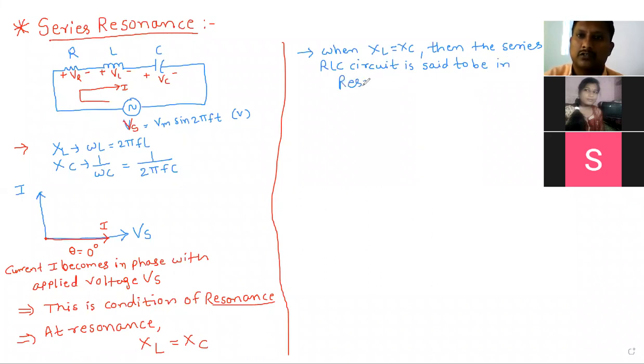When XL equals XC, we can also say that the circuit is in resonance. Okay, so this is the introduction of series resonance.